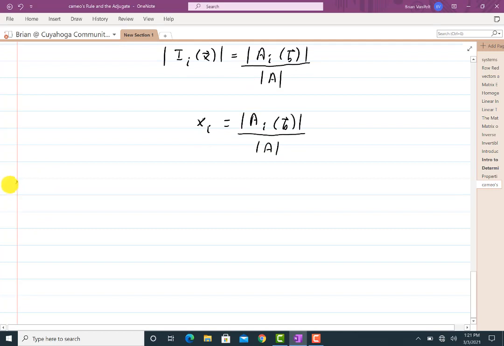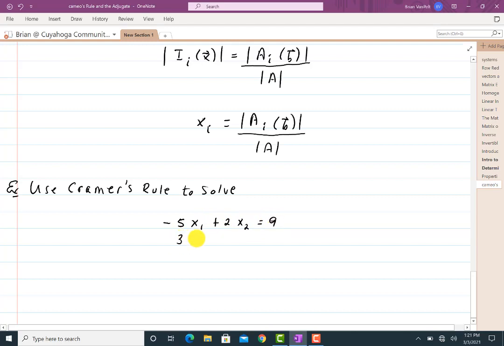Let's do an example. So we'll use Cramer's rule to solve. Here we have -5x1 plus 2x2 equals 9. And then we have 3x1 minus x sub 2 equals -4.